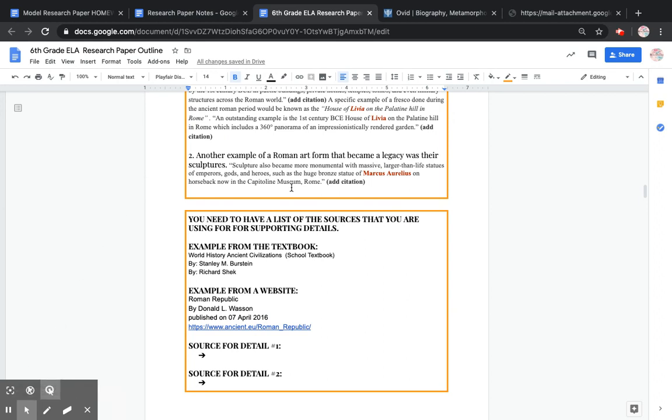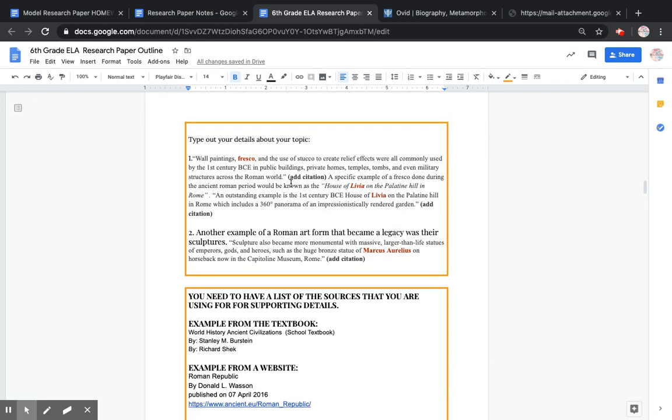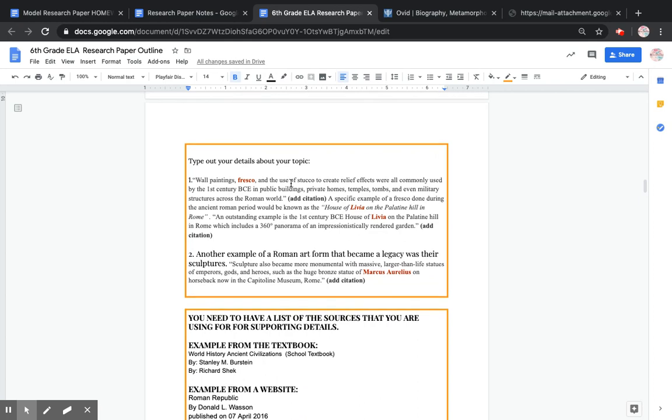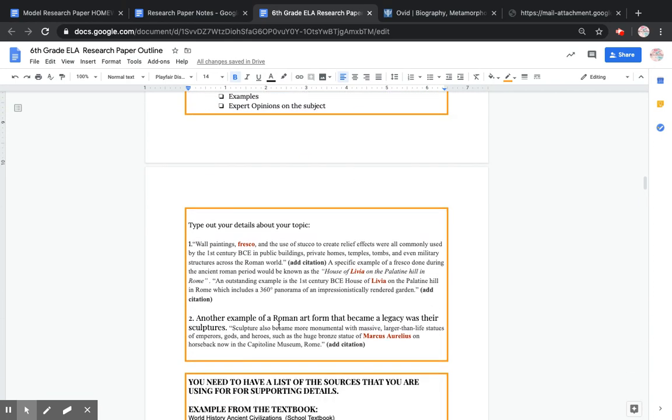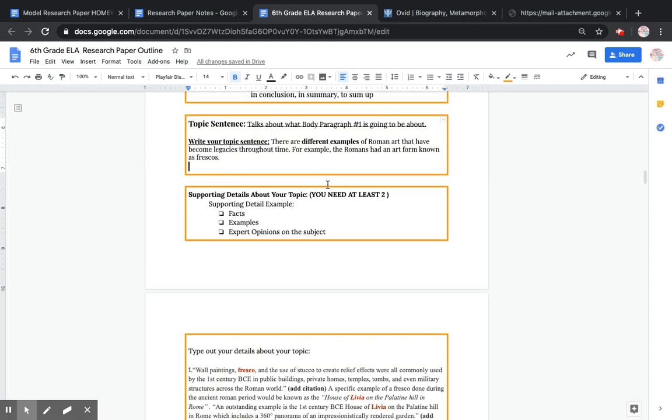Okay, so now that I have my two details that I need, because I need at least two, I could do more. So like if I wanted to do multiple examples of different frescoes, I could, or if I wanted to do multiple examples of the sculptures, I could, but I just need two examples to get a three.